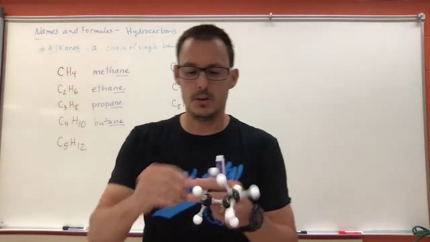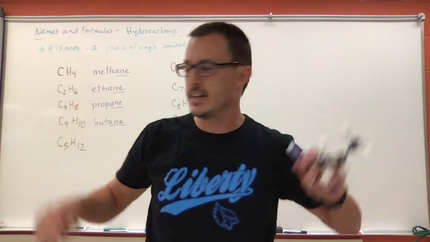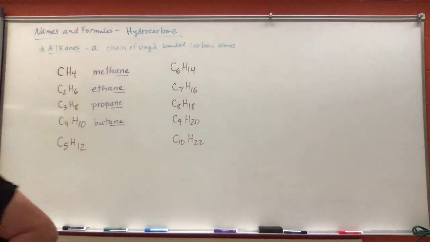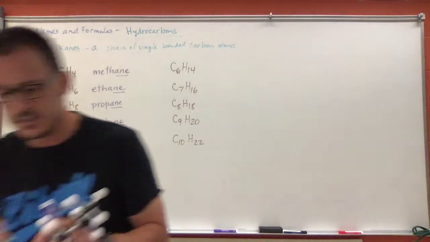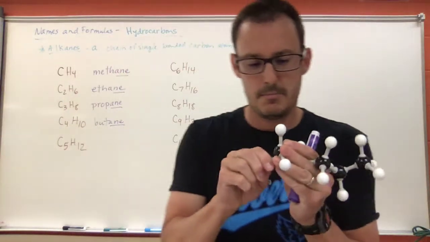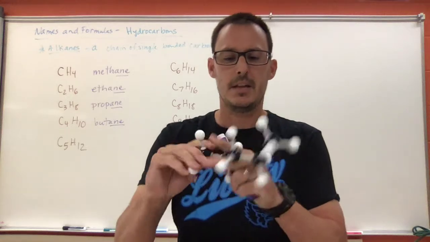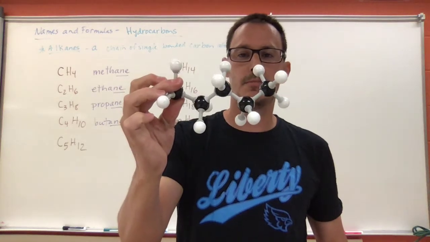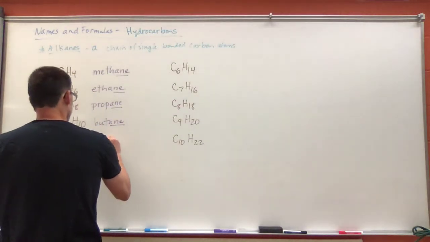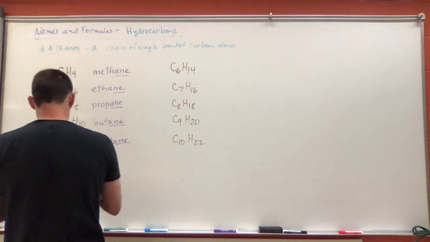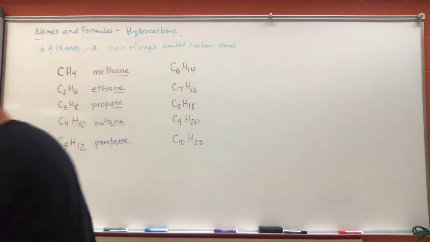And then if we were to pull off and connect to another carbon, so that we have a chain of 5, you kind of get the point of this. This is called pentane because it has 5 carbons and a total of 12 hydrogens. 5 carbons, that's a pretty easy prefix.